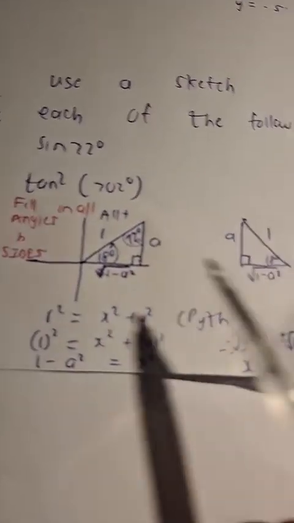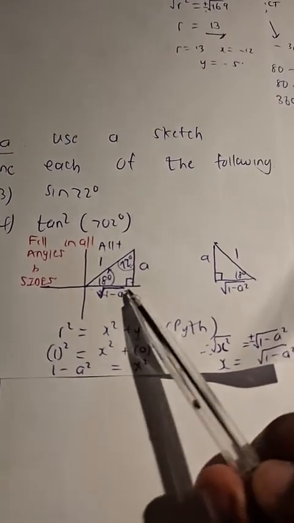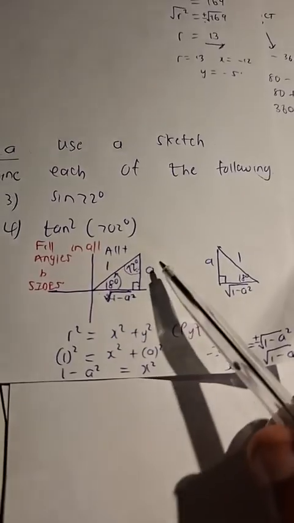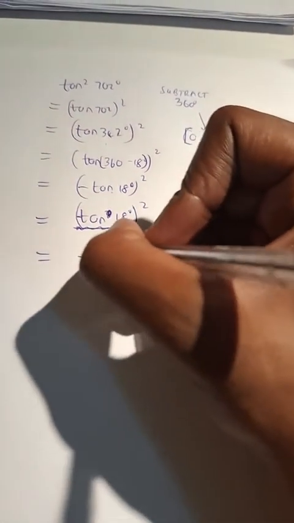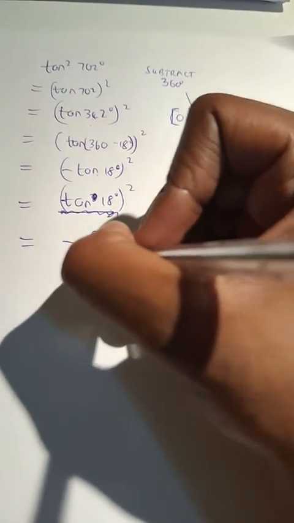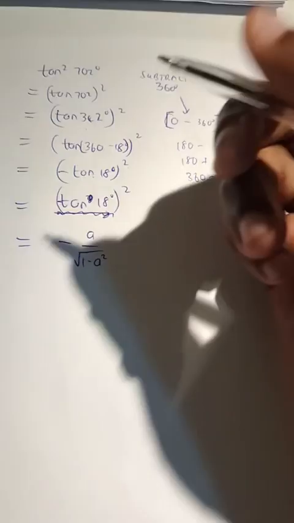What's tan in terms of the diagram? It's a over the square root of 1 minus a squared. Very important. So this is negative a over the square root of 1 minus a squared.